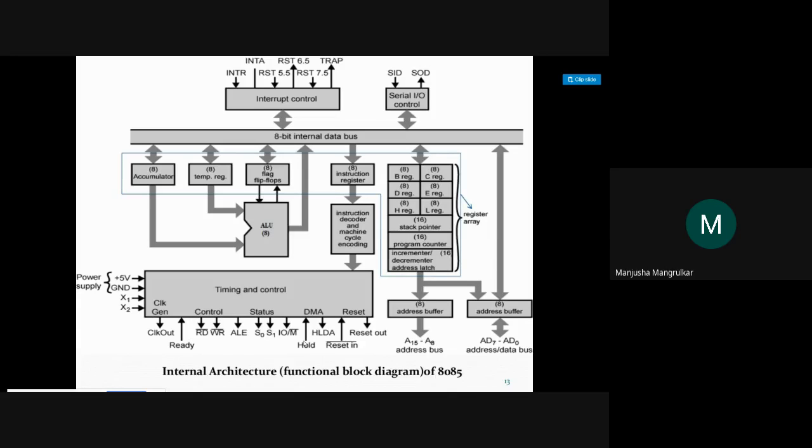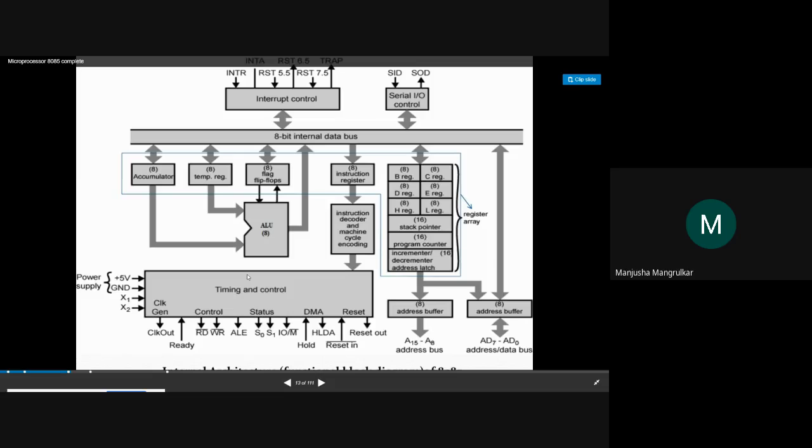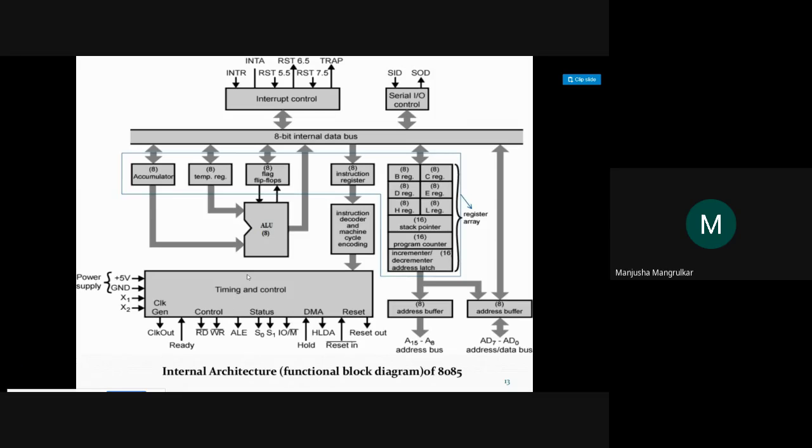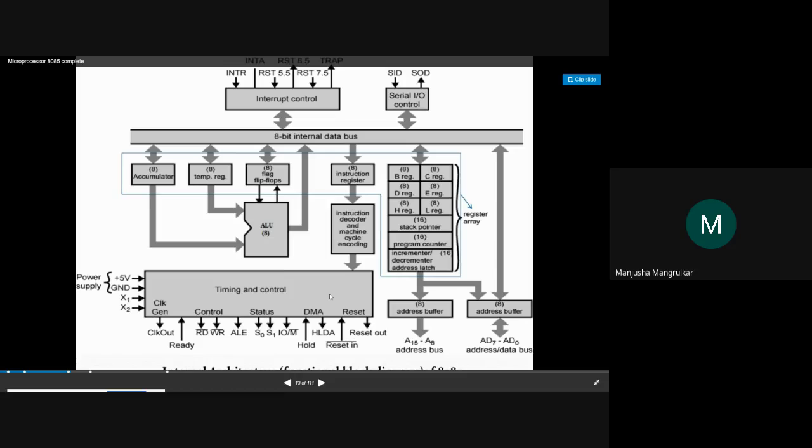The DMA sends a hold signal to the microprocessor, saying, I will use the data and address lines, you should hold. DMA takes charge of the address and data lines and transfers the data, and after that it gives the acknowledgement to the microprocessor, yes, I am done.